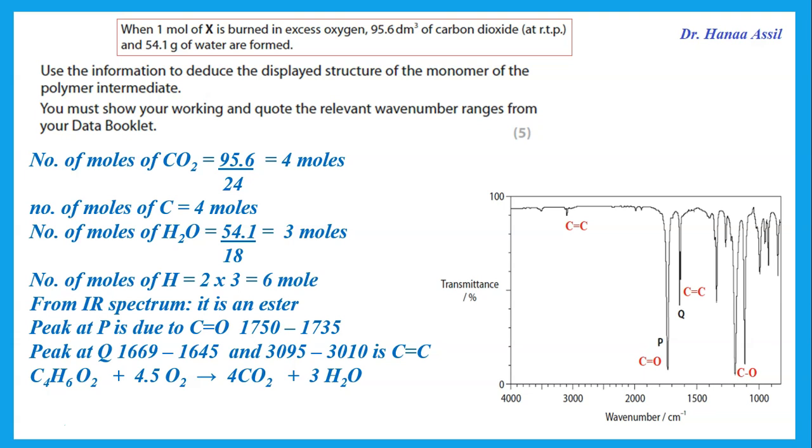And that means from all of this information, we had 4 moles of CO2, 3 moles of water. It's an ester, so it must have 2 oxygens. From the balancing, I have C4H6O2. We also have an alkene, C=C, so this would be the structure of the compound.